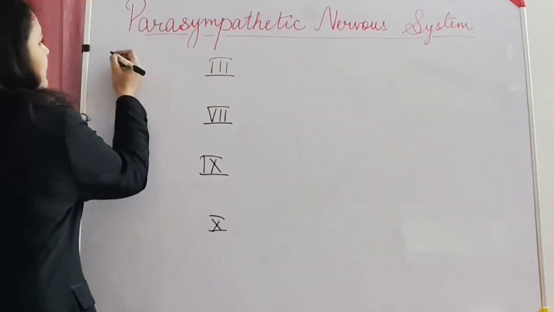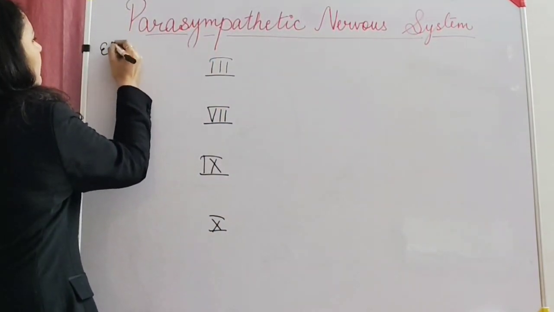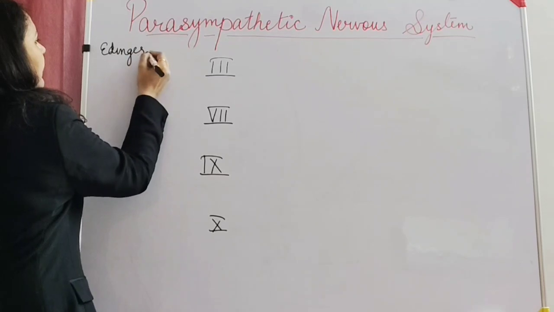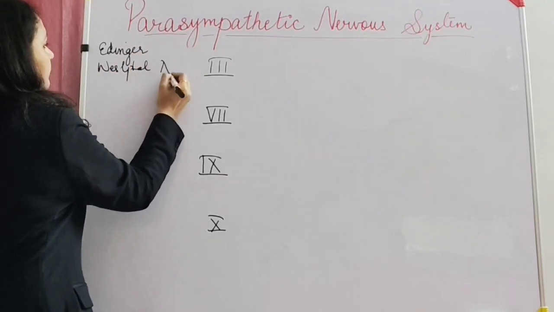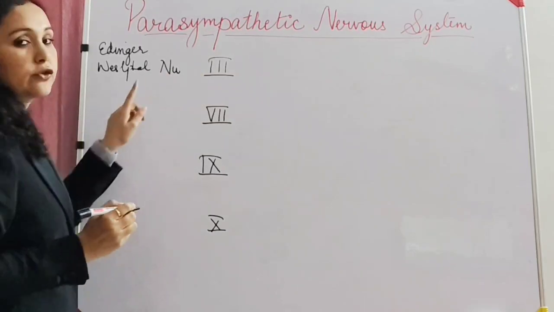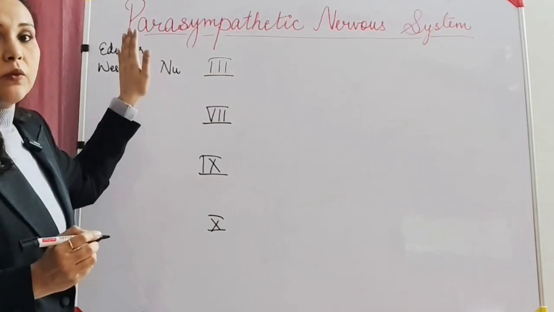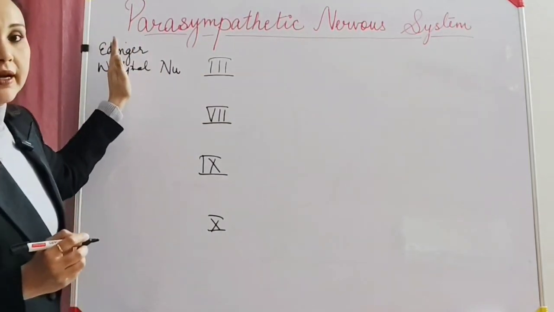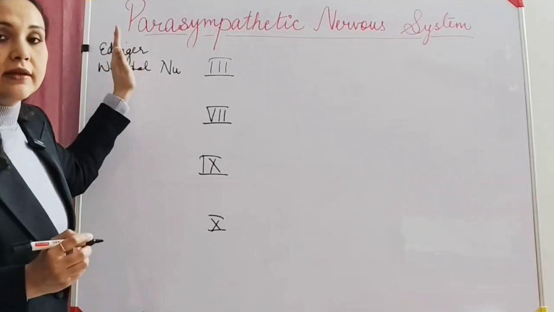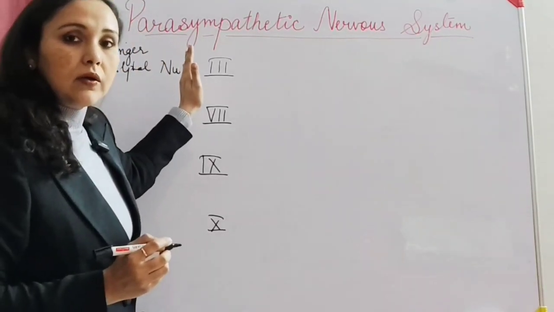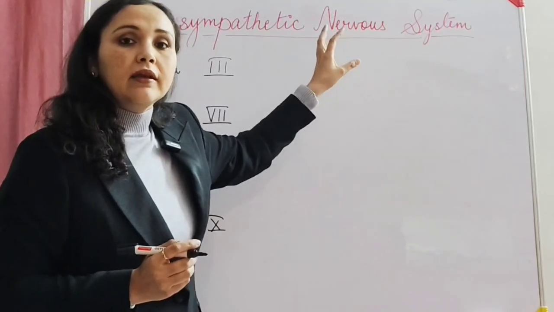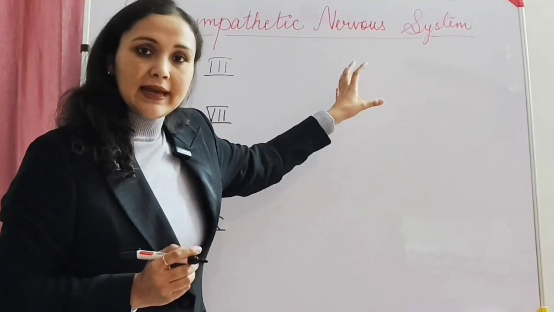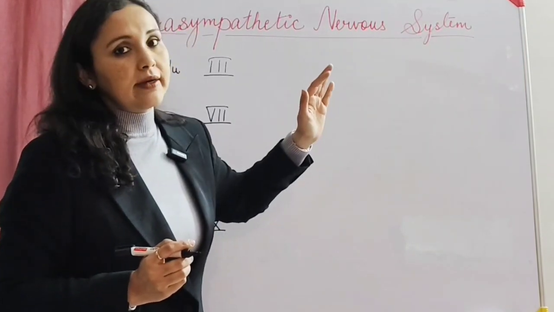What are those nuclei? For the 3rd nerve, it is the Edinger-Westphal nucleus. The preganglionic fibers arise from a parasympathetic nucleus in the brainstem, go along the cranial nerve to the periphery, relay in a peripheral parasympathetic ganglion, and then go to the target organ.